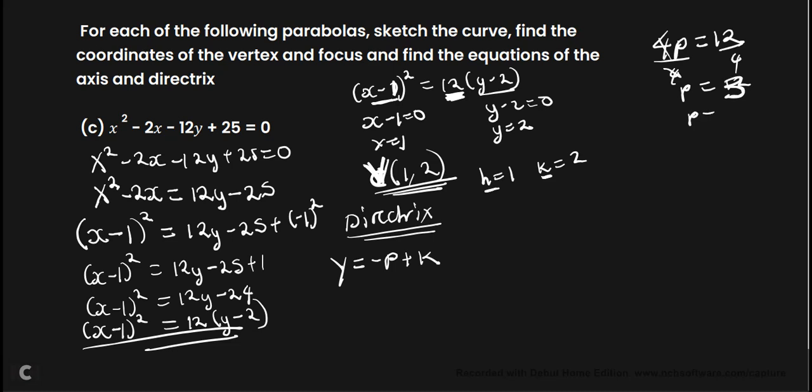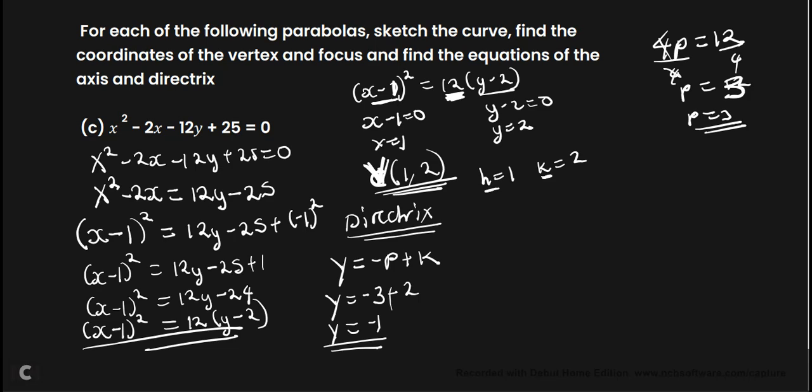So your p is 3. So you continue: y equals negative p, which is 3, plus k, which is 2. So y equals negative 1. So your directrix in this situation is y equal to negative 1.